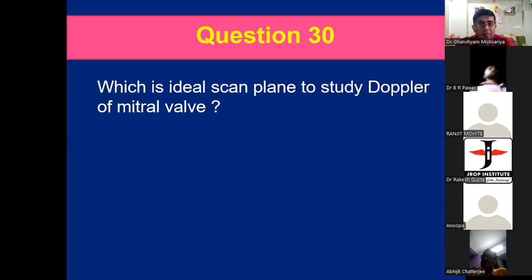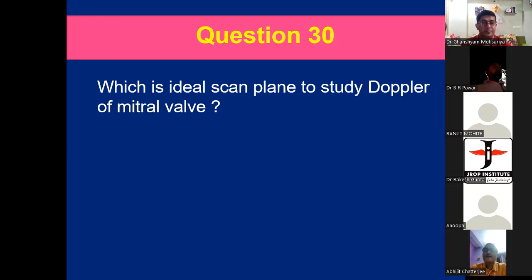What is the normal flow velocity across the mitral valve, Anupa? Normal flow velocity across the mitral valve, it is 0.8 meter per second. Oh, you spoiled everything. Whatever you gained, you lost it all, Anupa. We have been saying this again and again.